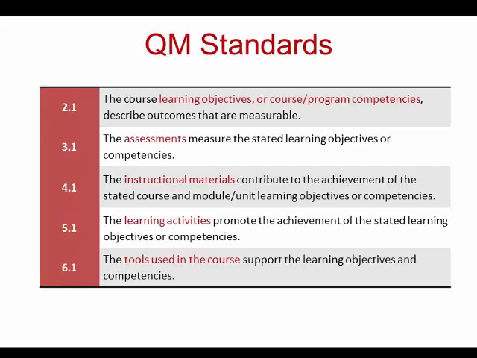So 3.1 is connected to 2.1, and they want to see you having assessments for that particular objective. Sometimes, we have this nice course, we have objectives, material, but then we have assessments in the end. But how much thought are you putting in when you create those assessments to exactly measure what your objective was set to teach? So that is what this is referring to.